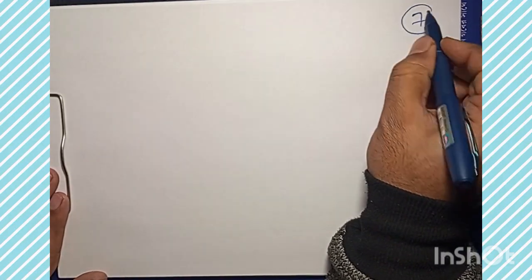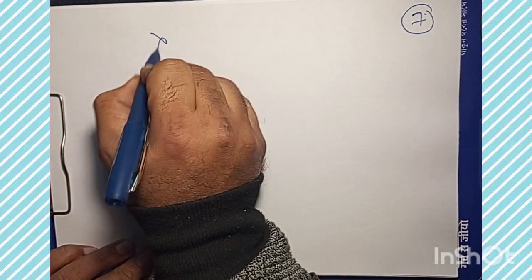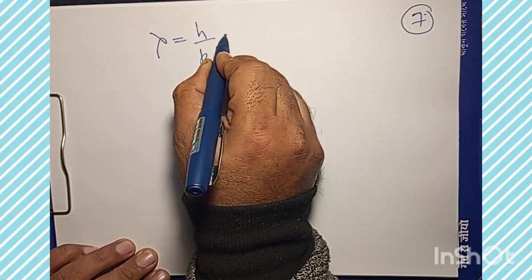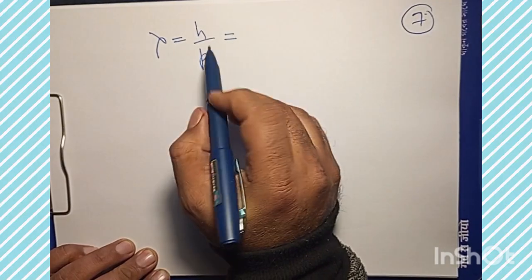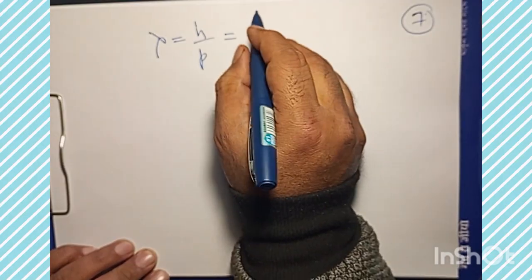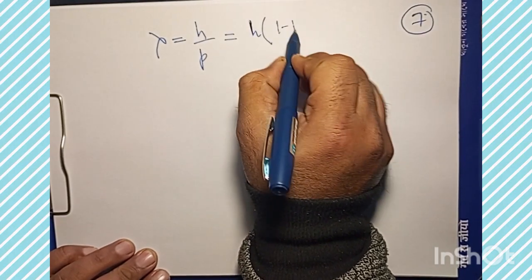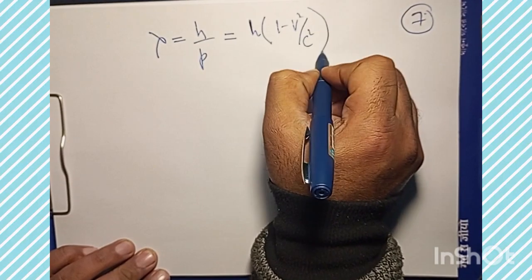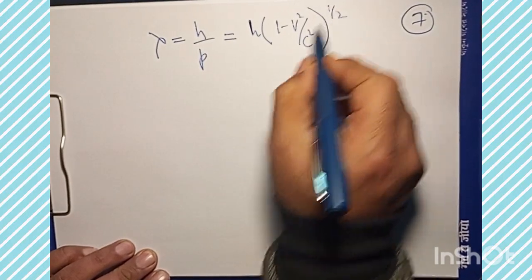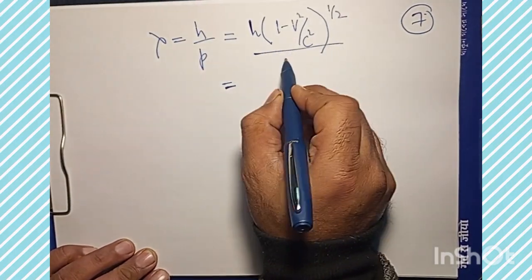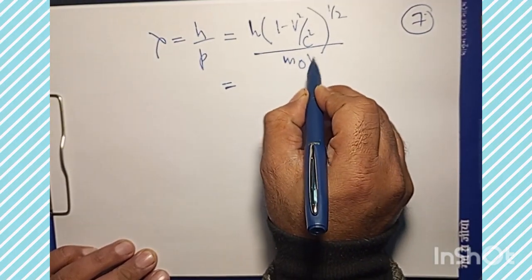Now here I would like to have the de Broglie equation, h by p, as we have already written down this p, and what we have is h times 1 minus v square by c square whole raised to the power 1 by 2, divided by m naught v.